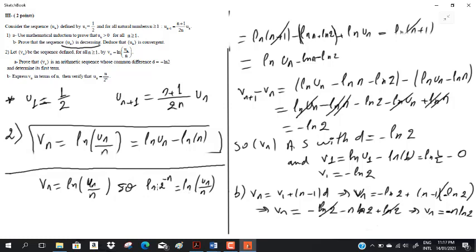Using the exponential function to remove the logarithm, un over n equal 2 power minus n, which is 1 over 2 power n. I multiply by n here, so un equal n over 2 power n, and I just found un in terms of n.